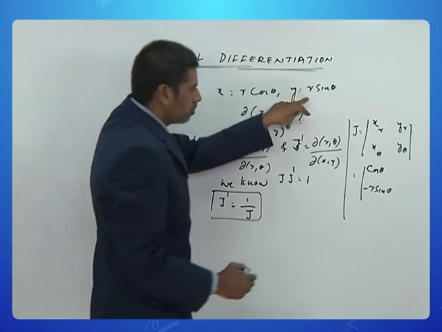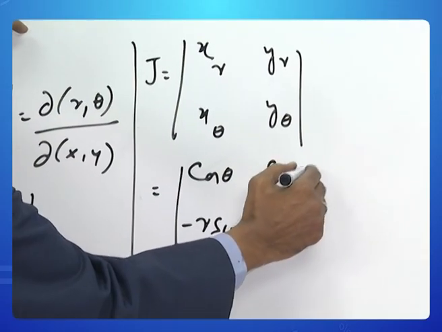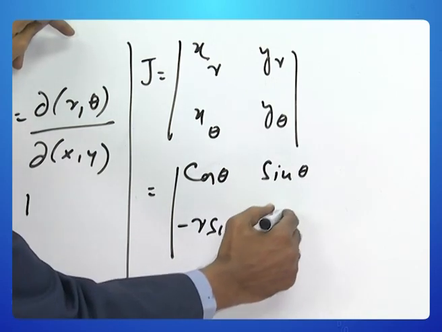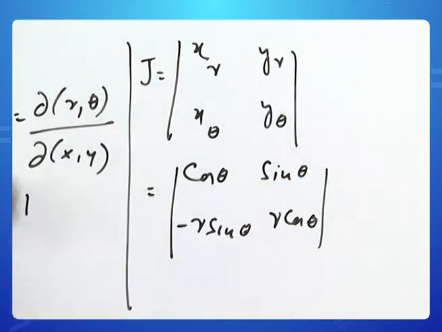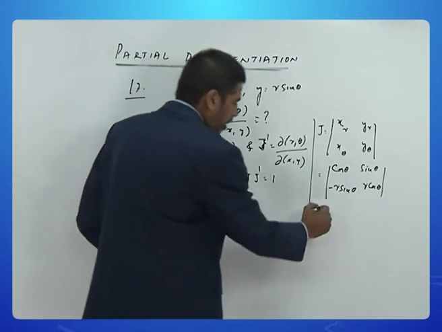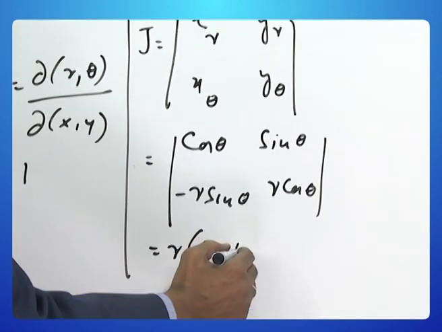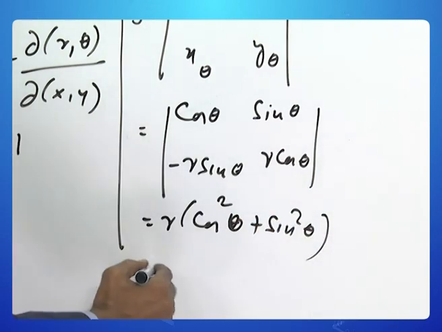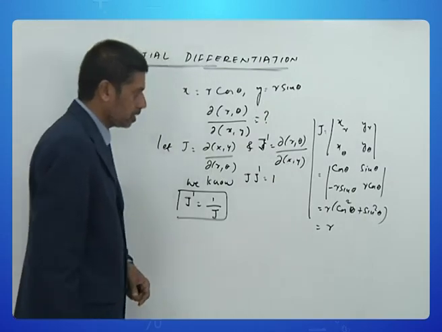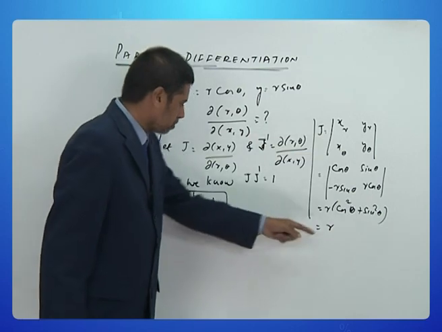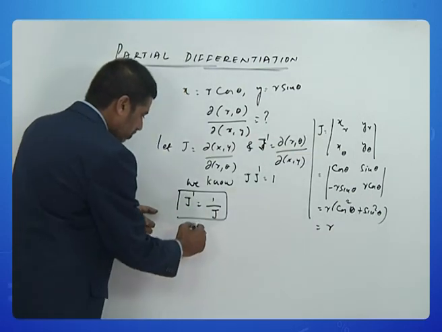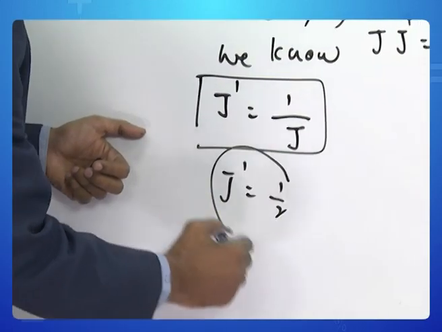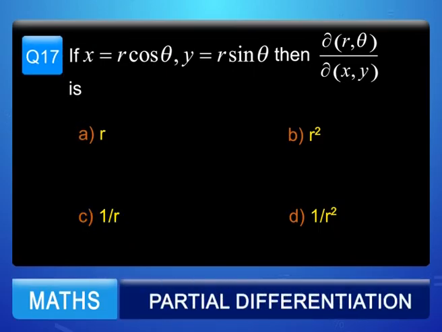Similarly, yr would be sin theta, y theta would be r cos theta. Expand this and you will get r into cos square theta plus sin square theta. So it is r. So when J is r, J dash has to be 1 by r. So you can see the correct option for this problem is C.